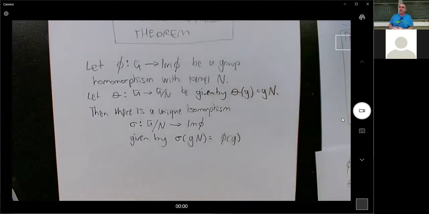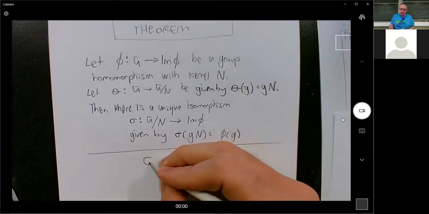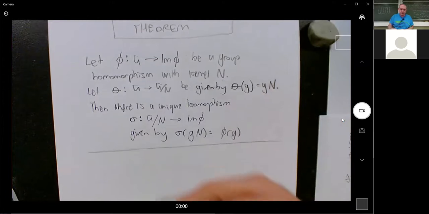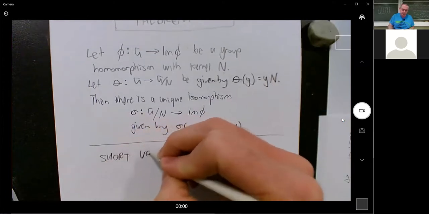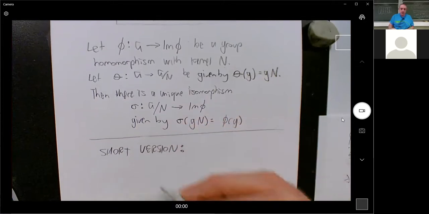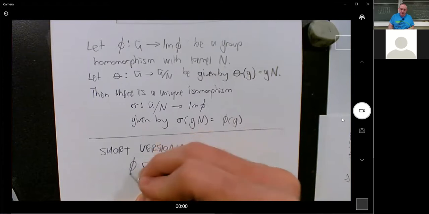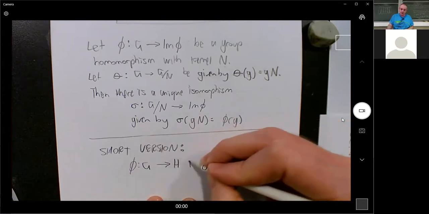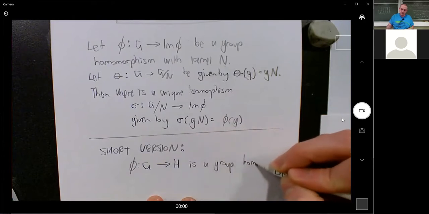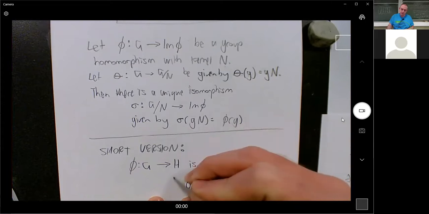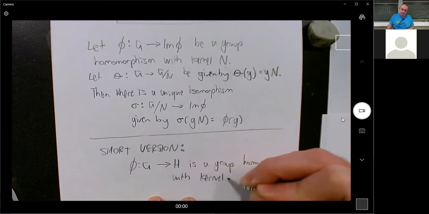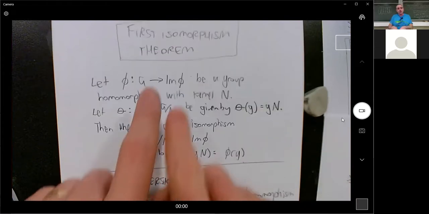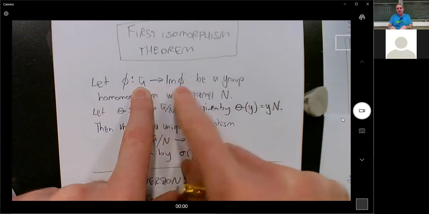So the very short version of this theorem would be that if phi sends G to anywhere, doesn't matter where it is, if phi is a group homomorphism with kernel N, you're saying your question was, why is it saying G going to the image of phi?